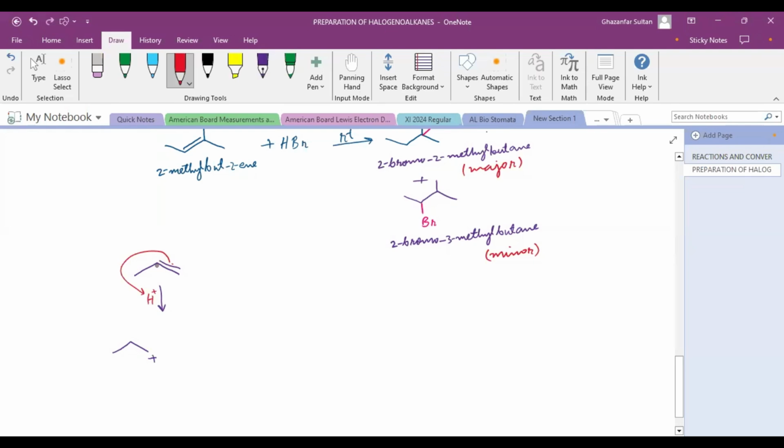If hydrogen ion attacks from there, then it binds to this carbon atom, that is the second carbon atom, and it produces positive ion on the terminal carbon atom.